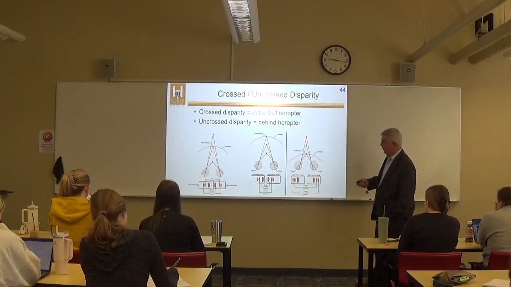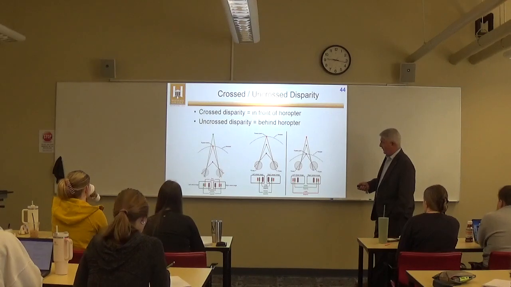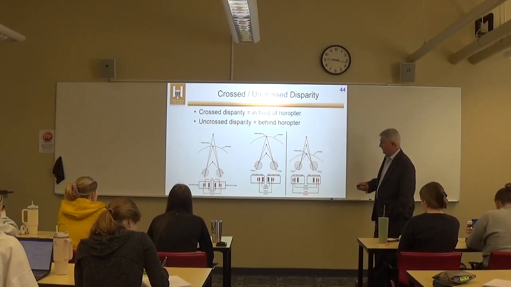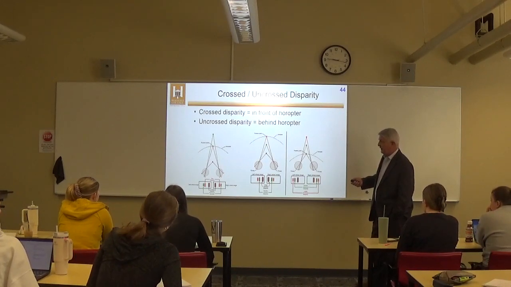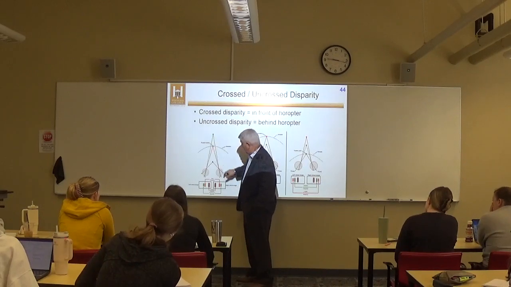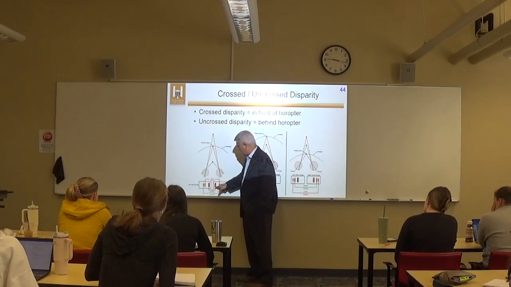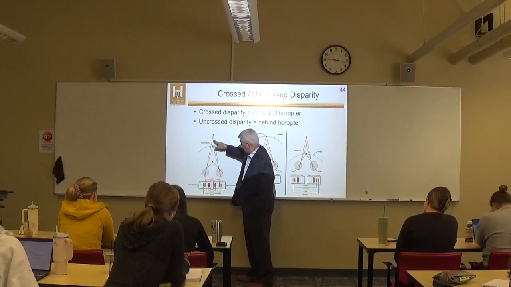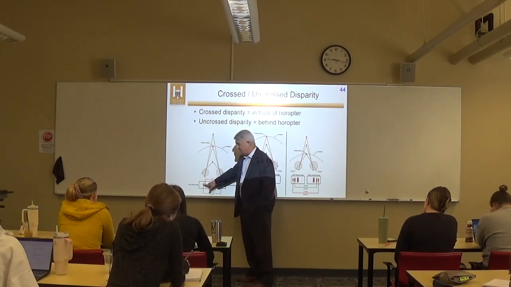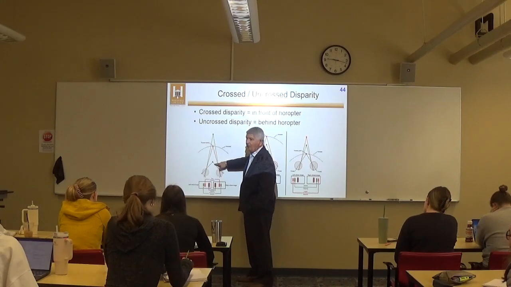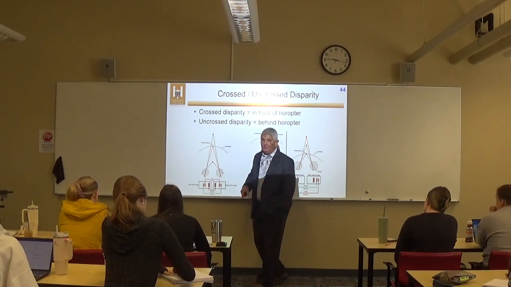So if I'm on the red point here, I have my crossed disparity. This point is a lot closer than the green. I mean, this distance is more than this distance. So the amount of disparity from red is much bigger. The disparity from red to green is much smaller, and it's on the other side. That tells me that this thing is a lot closer than this thing, and it's behind my horopter.